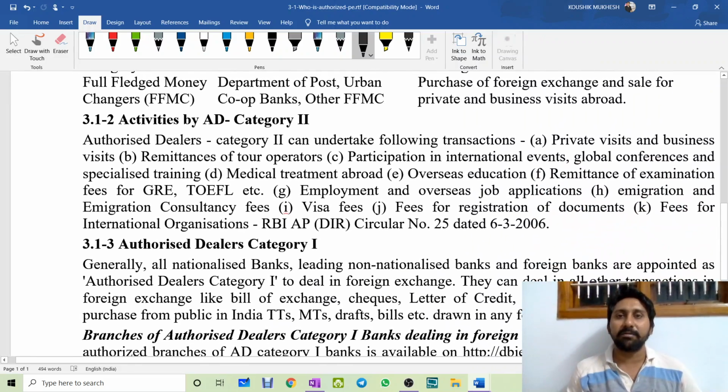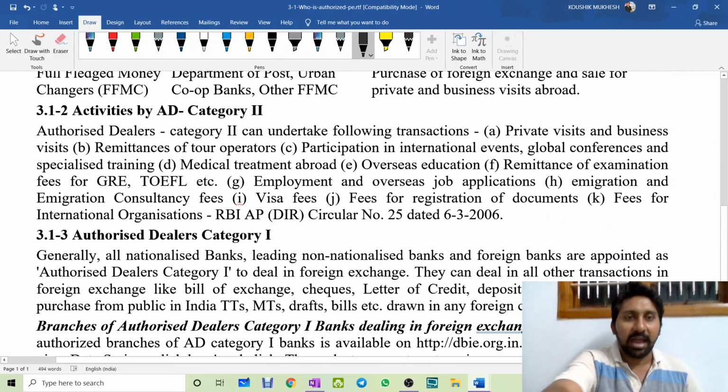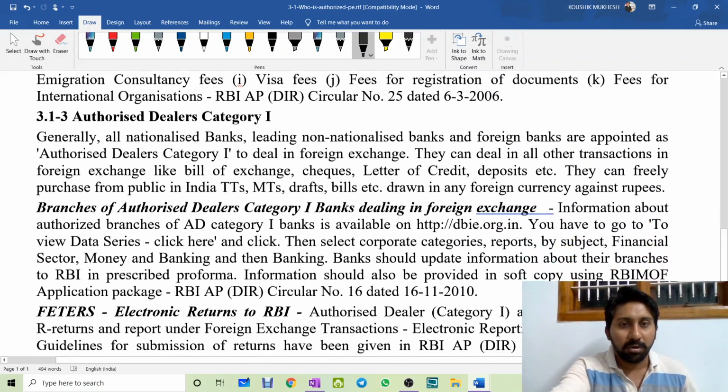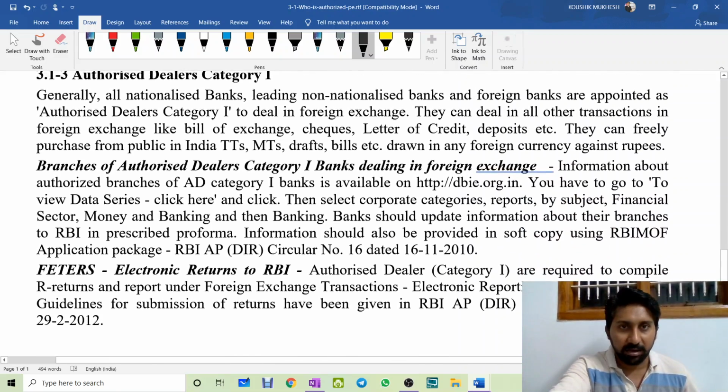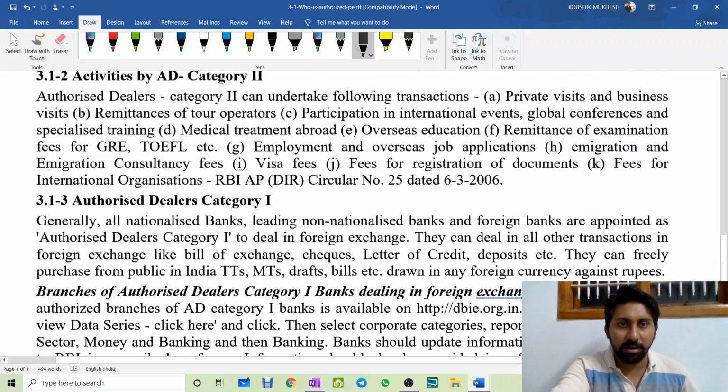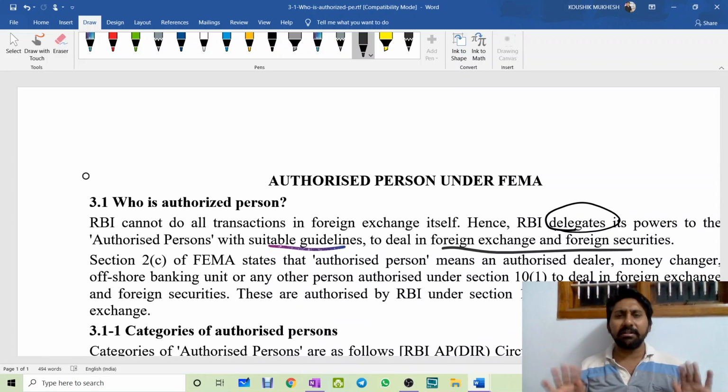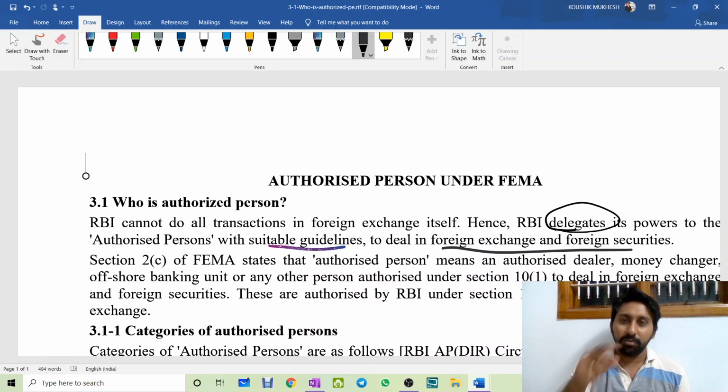Actually, these are not applicable for the exam. To have clarity, you can see activities by AD category 2, activities by AD category 1. So anyway, one thing is clear. There are three types of authorized persons: authorized dealer, AD1, AD2, AD3, and money changer, offshore banking.